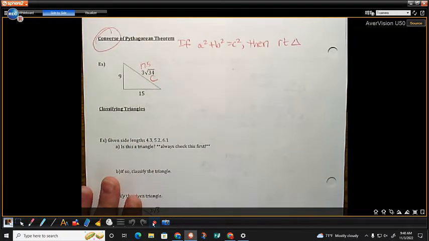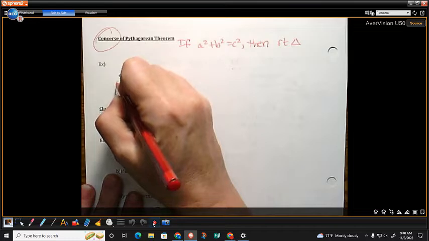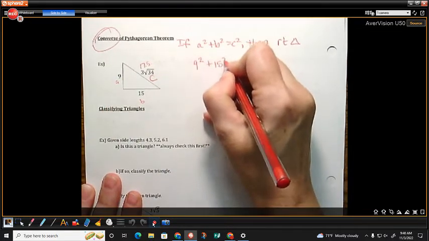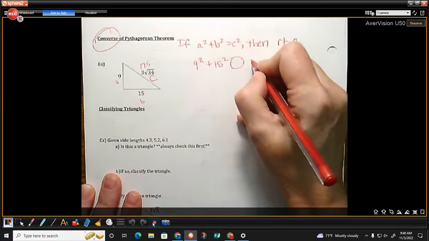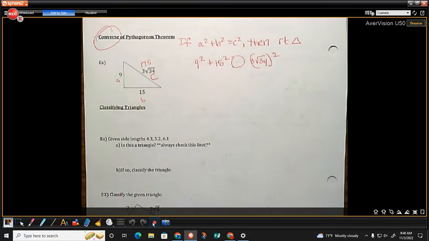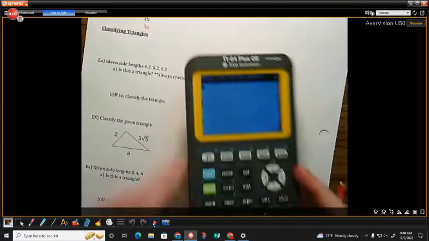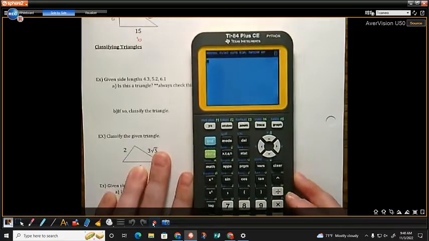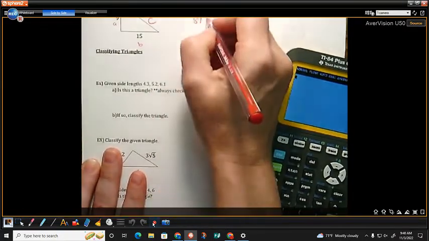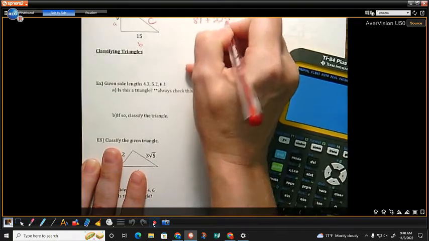So now we're going to check. Let's make this A and B. Does 9 squared plus 15 squared really equal 3 root 34 squared? Okay? Now when you go to put this in your calculator, watch out. Because of course you know that 9 squared is 81, and you know that 15 squared is 225.